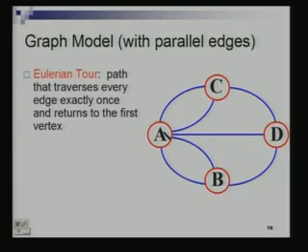Can I start from A and come back to A and traverse each edge exactly once? The same question is saying, can you draw this picture without lifting your pencil, or redrawing an edge, coming back over a line twice?